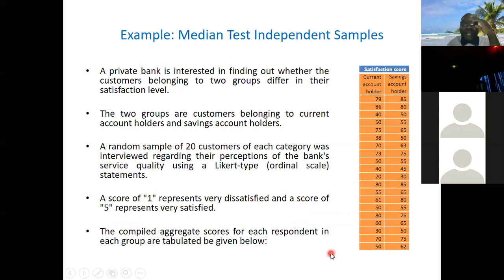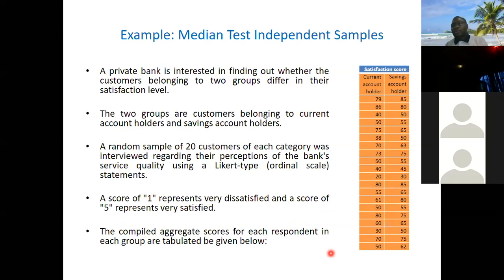In a private bank, it is interesting to find out whether customers belonging to two groups differ in their satisfaction level: current account holders and savings account holders. Is there any difference in their level of satisfaction? They used a questionnaire and selected 20 from each group.